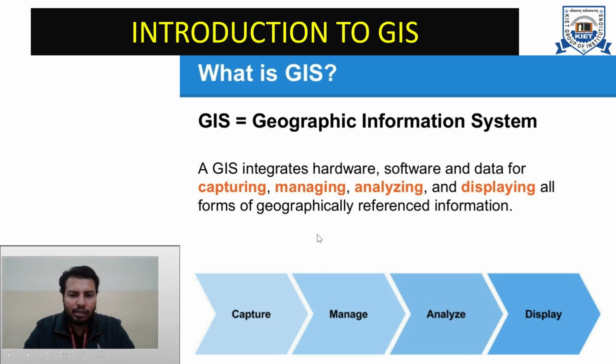So this is the process, and these are the various steps, or components, involved in a complete GIS process. If we see the roadmap for completing a GIS based operation, first of all we need to capture some information. Which kind of information? Mainly information related to geography. Then we need to manage and store that information, and then we will analyze it.